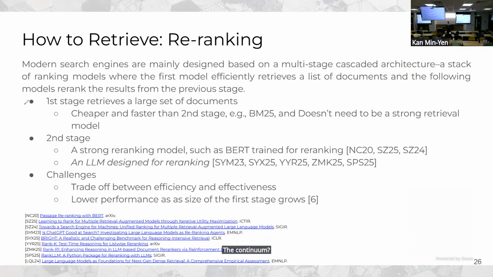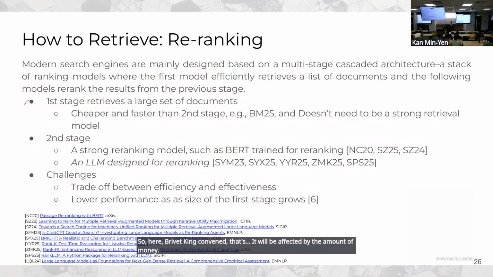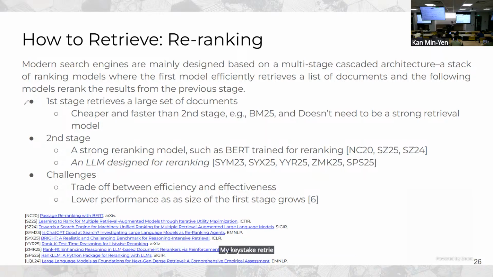with another technique called re-ranking. Re-ranking means a pipeline or multi-stage retrieval. For the first stage, we use some very efficient retrieval method like BM25 to perform the initial retrieval. Based on that, we take the top 1,000 results to further re-rank them.